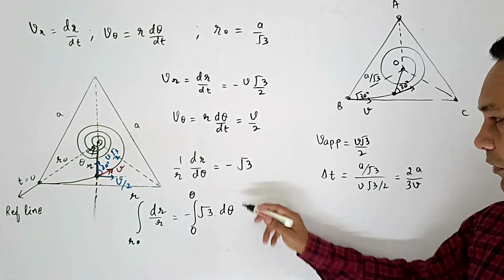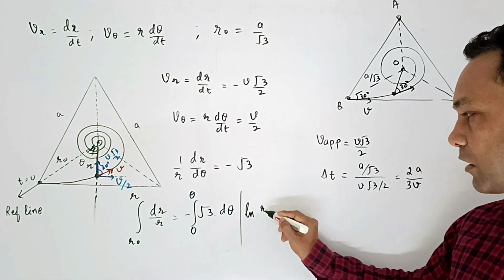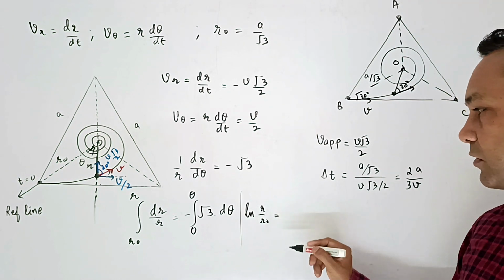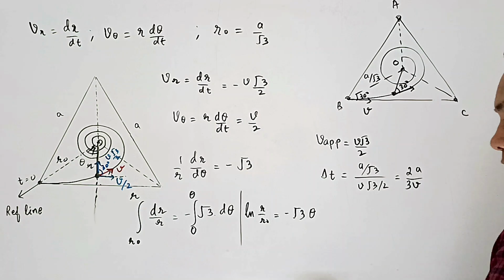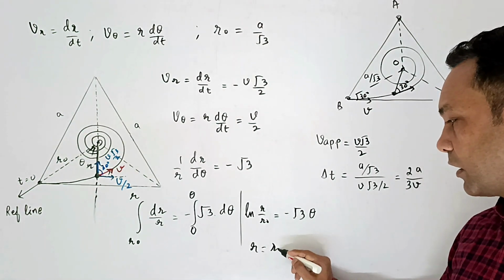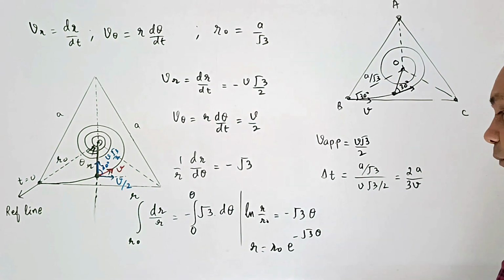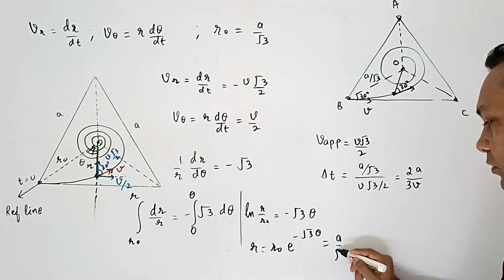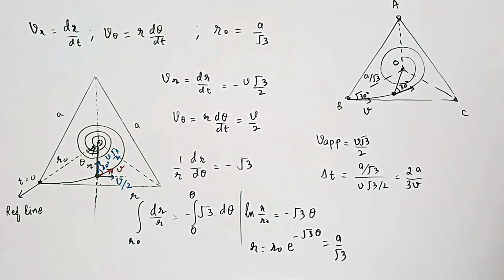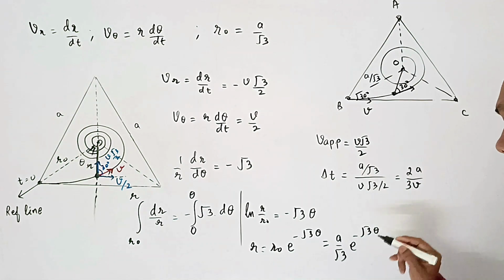So this is a simple integration that will become ln of r by r naught equals minus root 3 theta. So r is r naught e to the power minus root 3 theta, and the value of r naught is a by root 3. So r is a by root 3 e to the power minus root 3 theta.